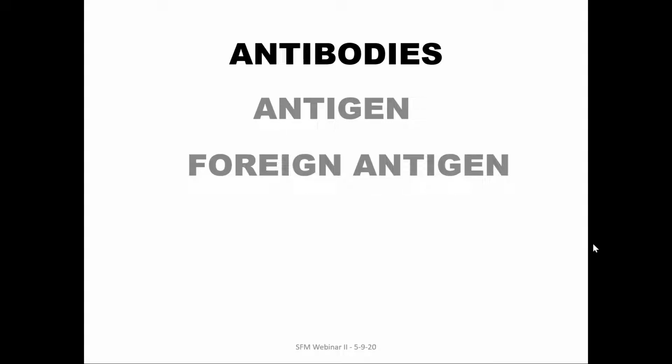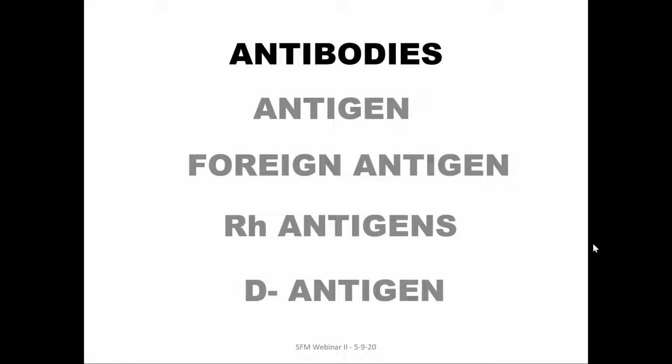Now, in the setting of a pregnancy where you presume that the mother is rhesus negative and the partner is rhesus positive, these foreign antigens are most likely to be rhesus antigens. And amongst rhesus antigens, they're most likely to be the capital D antigen, as we discussed last time, because that is simply the most common and most prevalent antigen of the Rh factor, those 6 antigens that we discussed last time.